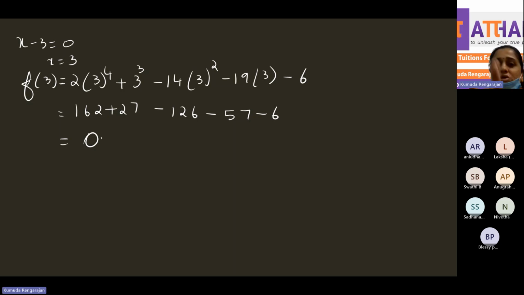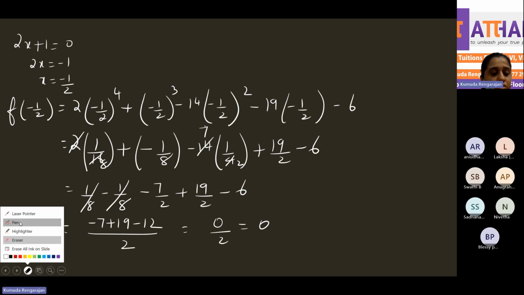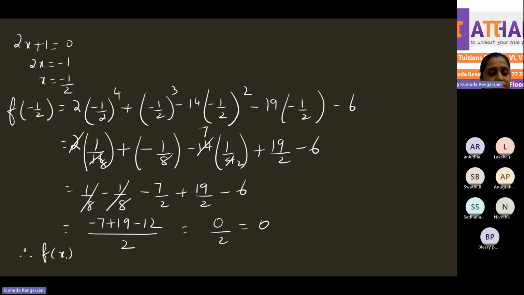Remember that numerical situation to recall the procedure to do this answer, children. Okay. So here you can comment that, therefore, f of x is divisible by 2x plus 1.